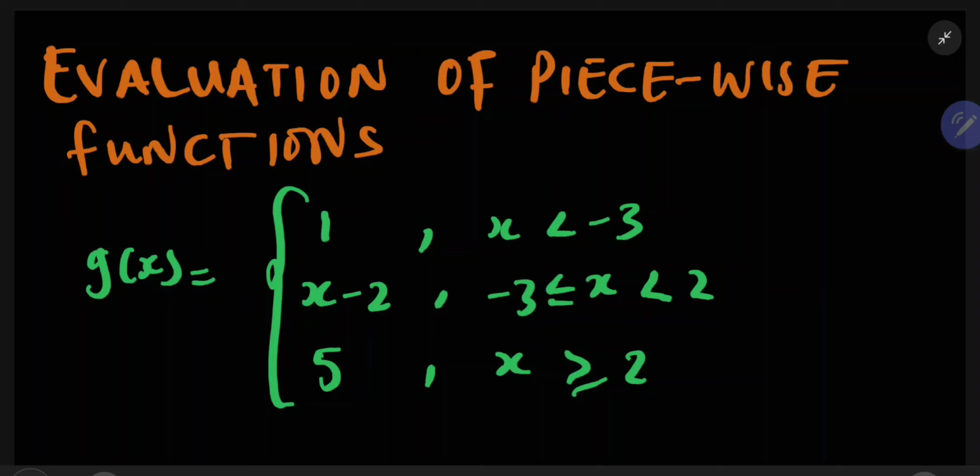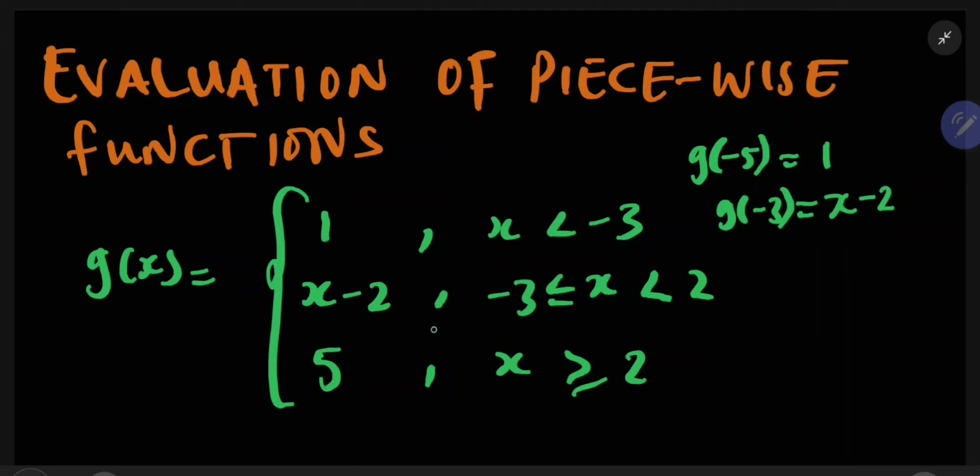So where you have, let's say, a number less than minus 3, let's say minus 5, g of minus 5, according to the definition of this piecewise function, would be 1. But g of minus 3 would be equal to x minus 2.